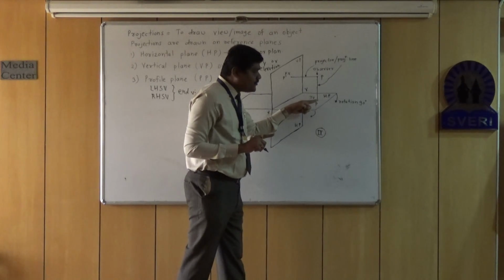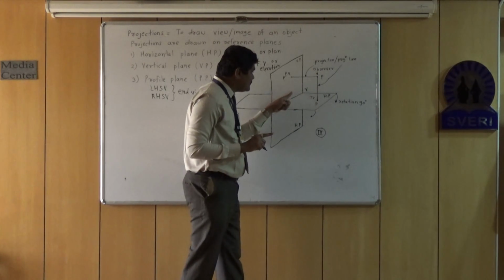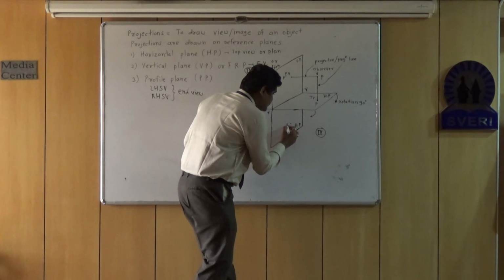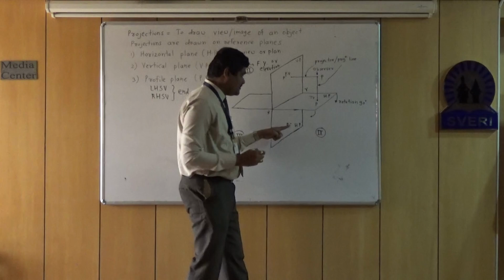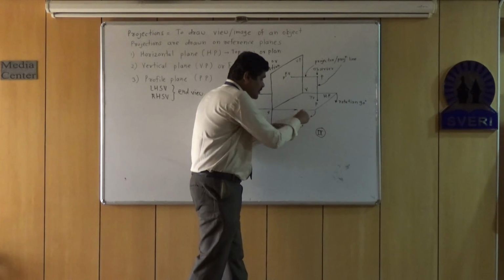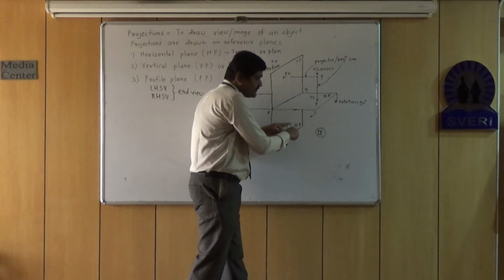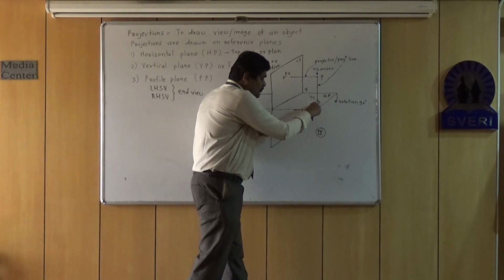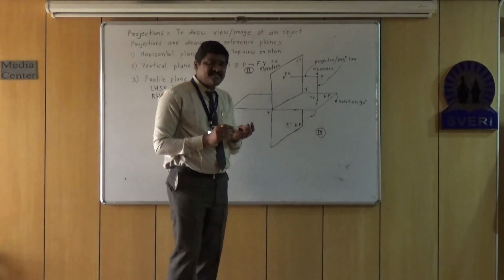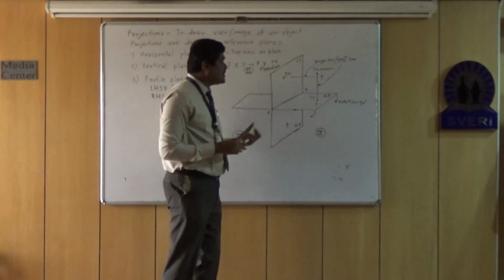So the top view will move somewhere here. So rotation of 90 degrees will shift horizontal plane below XY line, and top view will be carried along with the XY line. So let us imagine the situation after rotation.